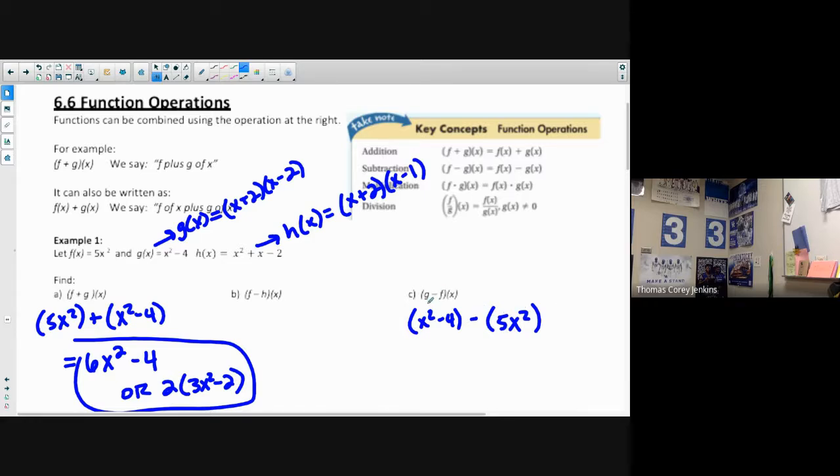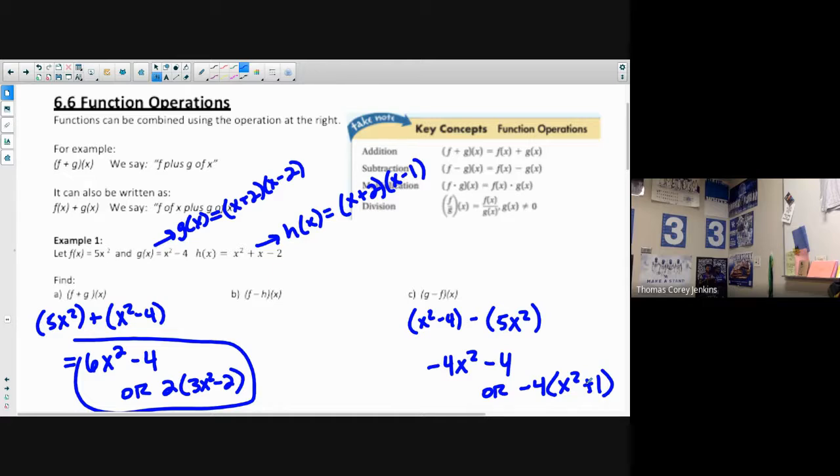All right, so overall, my rule would be x squared minus 5x squared would be negative 4x squared. And then we just have the minus 4. So you could write it that way. A lot of times they'll want that lead term to be positive. So if MathXL wouldn't take that, you may want to factor out the negative 4 and write it as negative 4 times the quantity x squared plus 1.